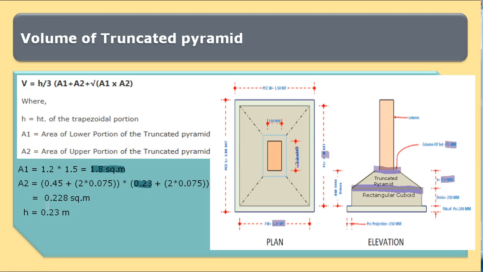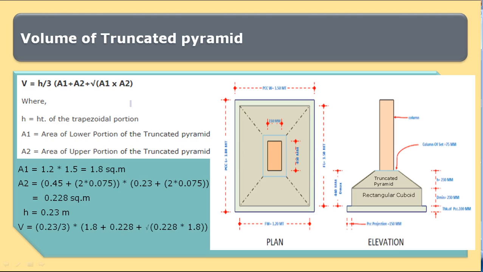So I'll substitute the values of a1, a2 and h in the equation V equal to h by 3 into (a1 plus a2 plus under root a1 into a2), and get the volume of the truncated pyramid as 0.205 meter cube.